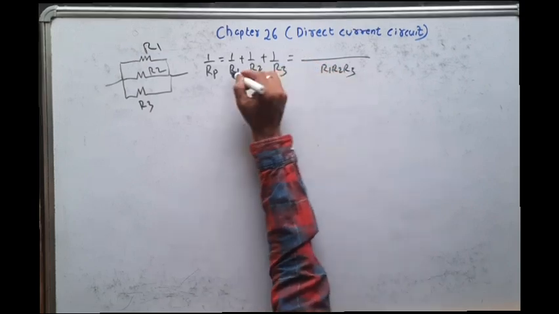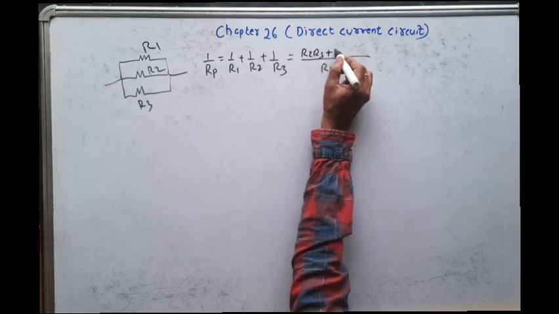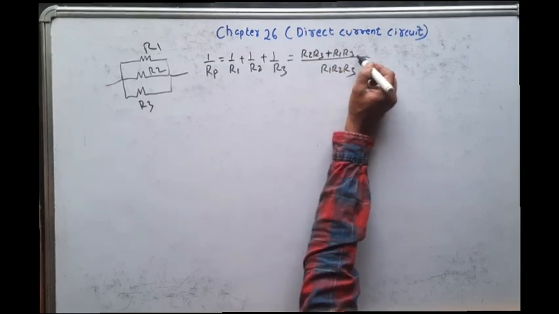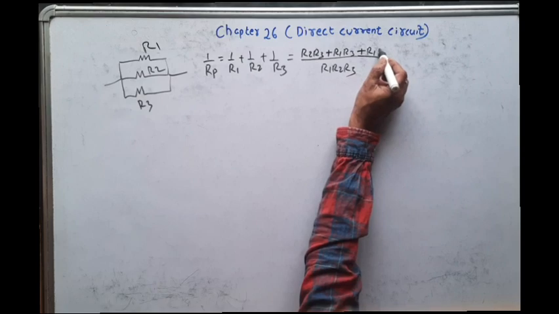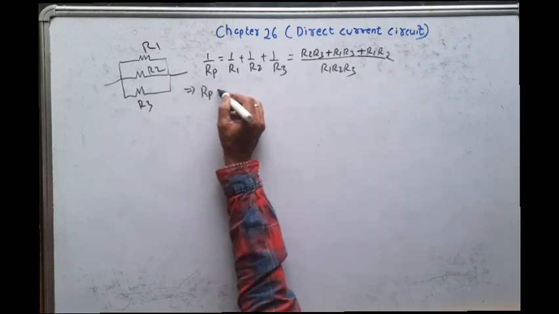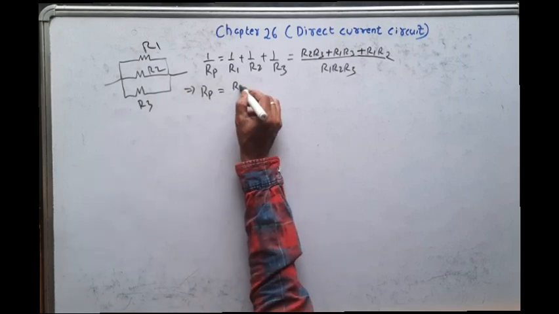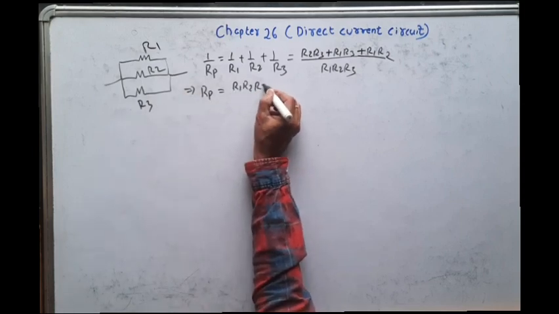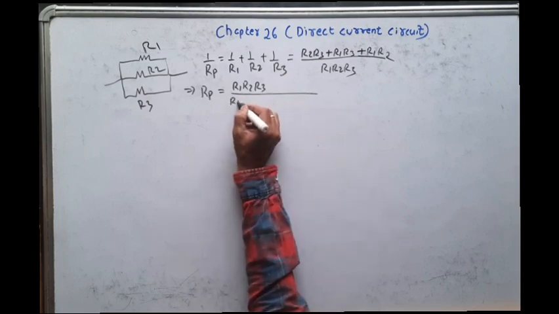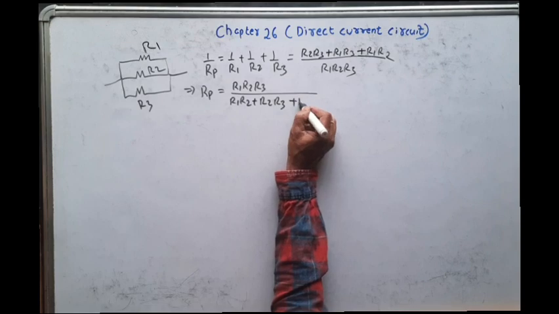So that is equal to, if you divide by R1, it is R2 R3 plus R1 R3 plus R1 R2. So the equivalent resistance in parallel for these three resistors is R1 R2 R3 divided by R1 R2 plus R2 R3 plus R3 R1.